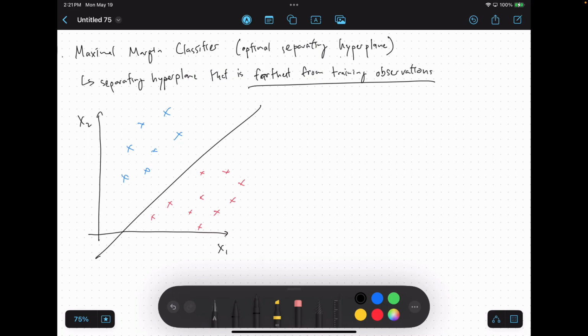Would this line here be considered a separating hyperplane? Yes. Okay, what about this one? Yes. What about this one? Yeah, and in fact, I could do this for all of eternity because there are actually an infinite number of hyperplanes that would separate these points, right? So, an infinite number of separating hyperplanes.